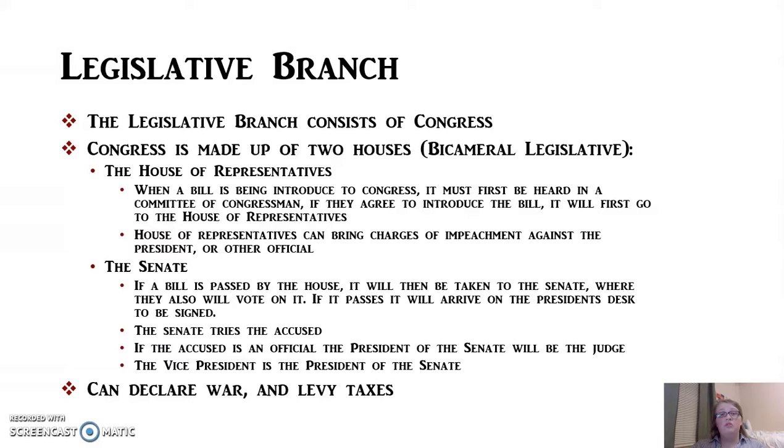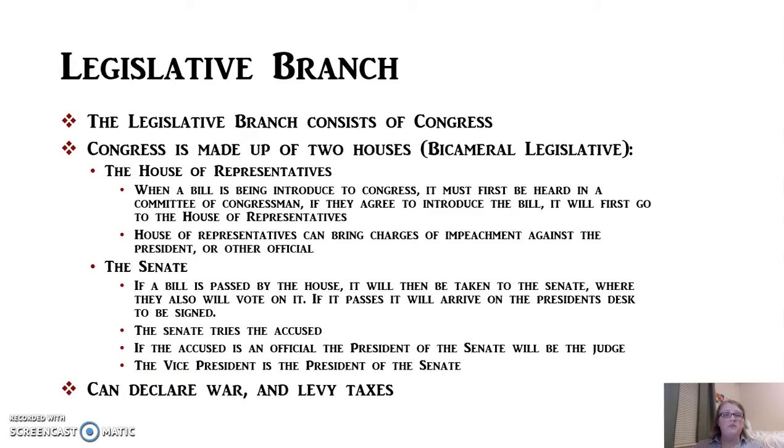If they agree to introduce this bill, it will first go to the House of Representatives, where they will vote on it. If it is a positive vote, if more than 51% says yes, it will move on to the Senate. If 51% no, then it will die in the House of Representatives.